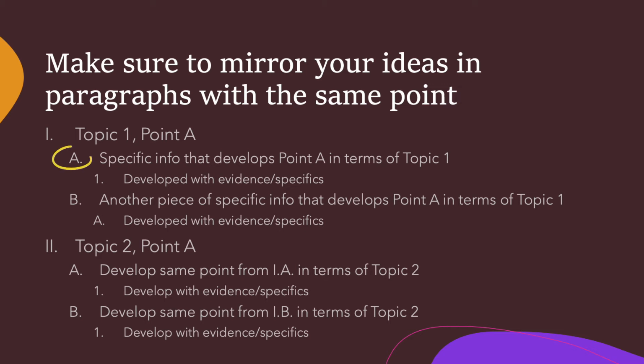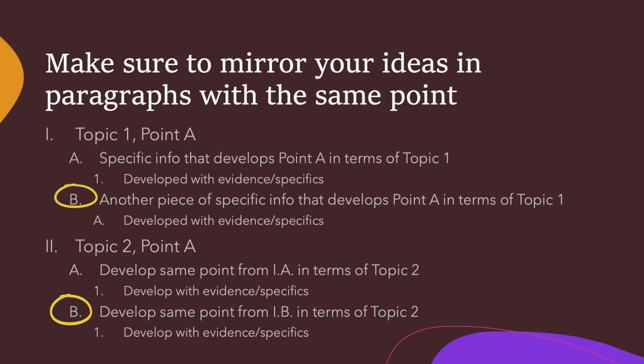I mean this guy here, because we've got our Roman numeral 1, and then we've got our A. That's what I'm referring to, this specific piece of information. So we want to develop that same piece of specific information, just talking about it in terms of topic 2, and then develop with evidence and specifics. Same thing for this one. This should be Roman numeral 1B.